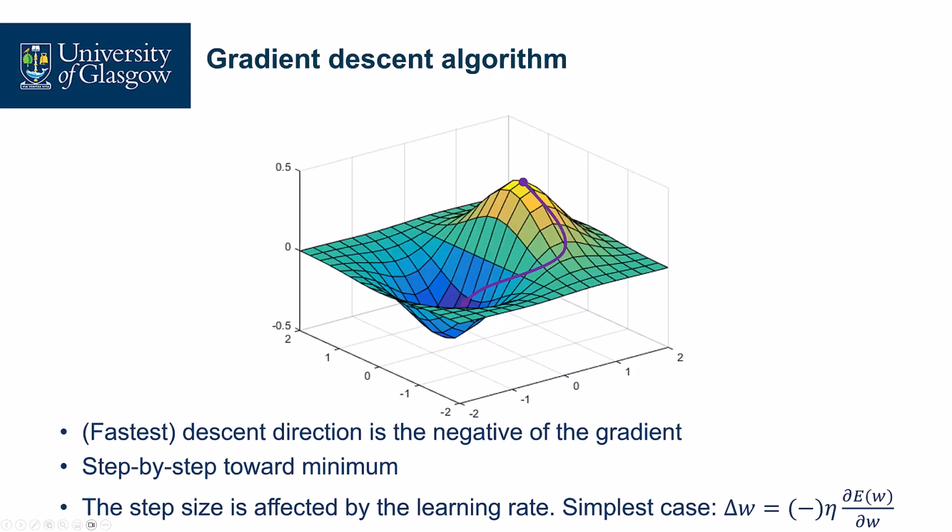In each step, W is changed by minus the learning rate multiplied by the partial derivative of the error function with respect to W, right? This is the way of changing W. Each step we change this, and we take many steps to iteratively optimize the loss function.